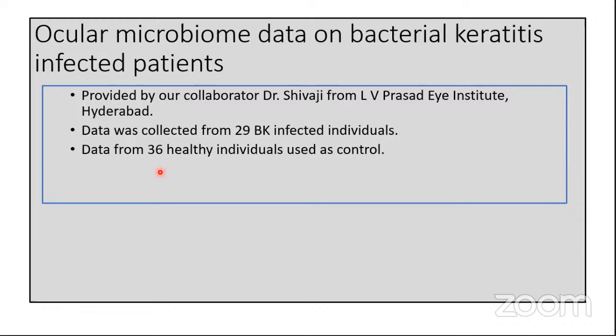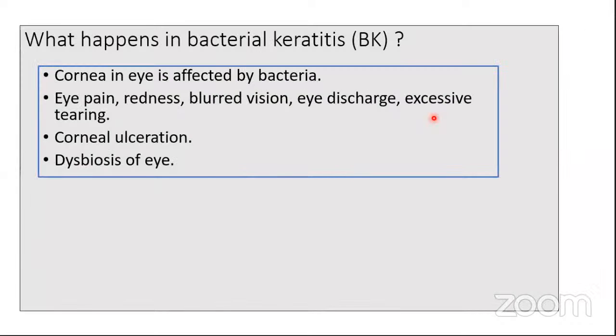It consists of the list of all the microbes present in infected individuals, collected from 29 bacterial keratitis infected individuals, and the healthy microbiome data collected from 36 healthy individuals. So it comprises all the microbes present in infected and healthy individuals, and their relative abundance. This data is provided by Dr. Shivaji from LV Prasad Eye Institute, Hyderabad.